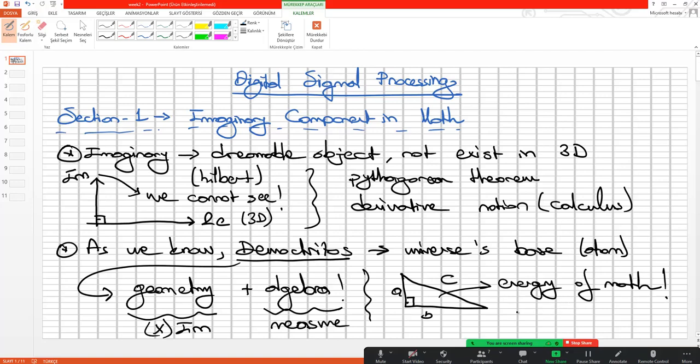Or in philosophical thinking we call it the essence. And so this Pythagorean theorem interacts with both the real dimension and the imaginary dimension. This is the basic idea behind creating the imaginary component in math.